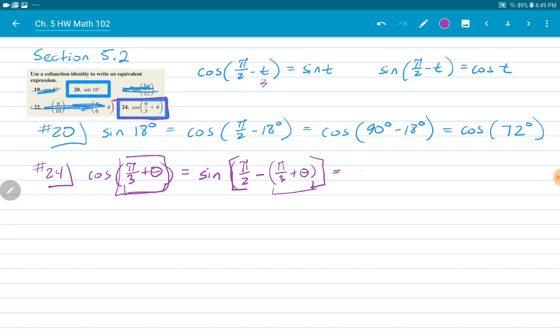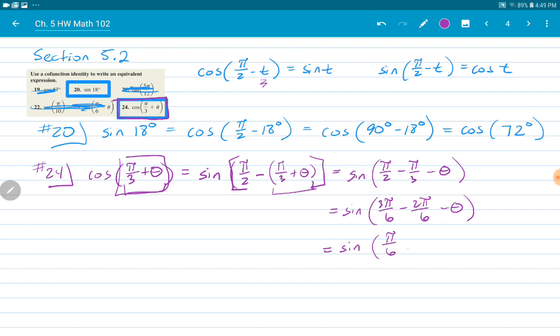Okay, so now distributing that negative, I get sine of pi over 2 minus pi over 3 minus theta. Getting some common denominators, 3 pi over 6 minus 2 pi over 6 minus theta, which gives me sine of pi over 6 minus theta.